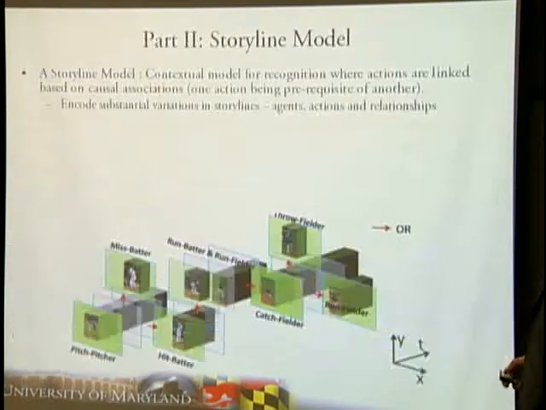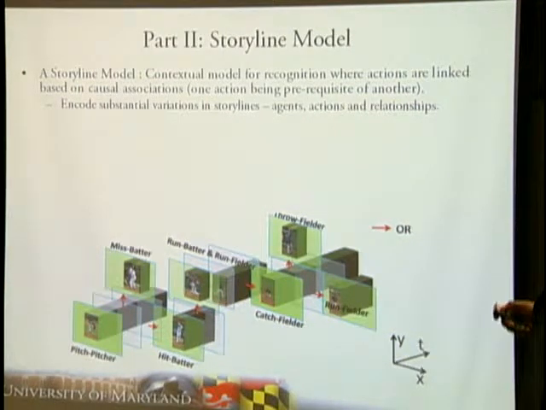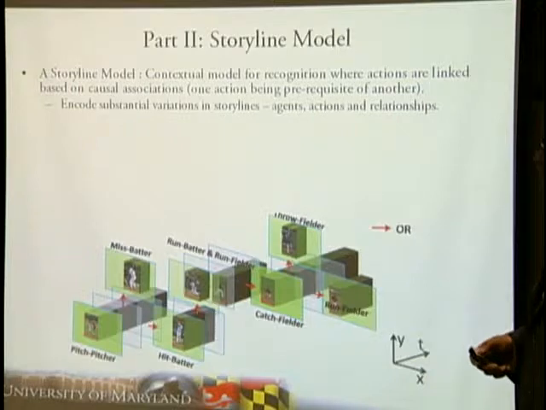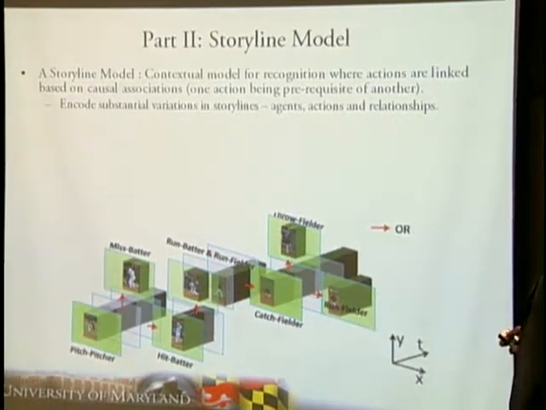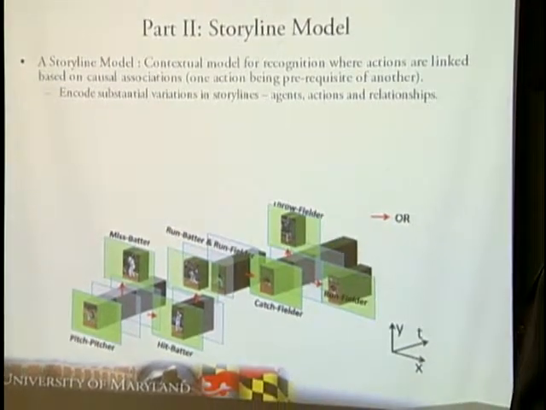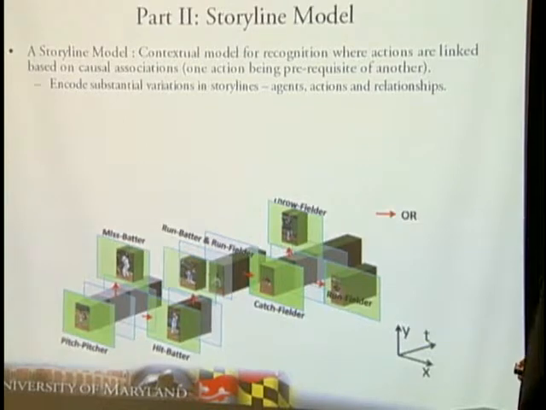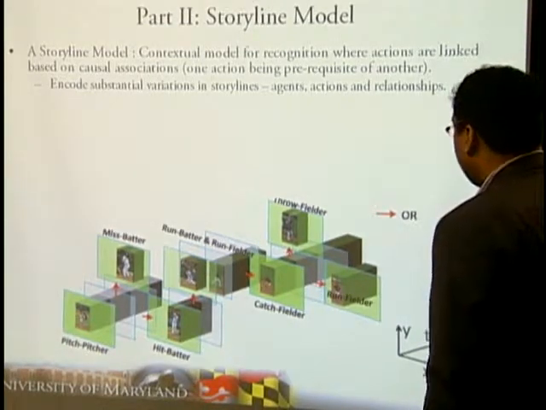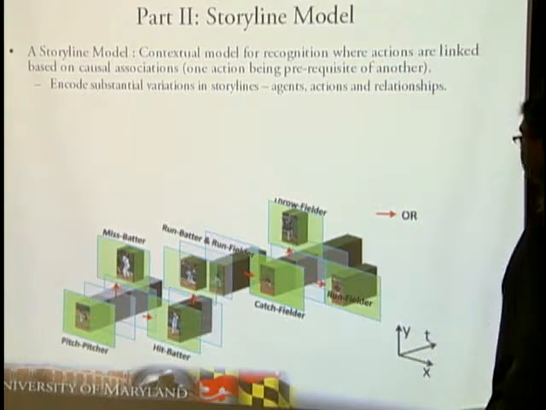So in this part of the talk, I'll present a storyline model, which is a contextual model for action recognition, and it encodes higher order constraints. It also encodes substantial variations in storylines in terms of agents, actions, and relationship between actions. Ideally, we would like the links in the storyline model to be based on causal dependency.